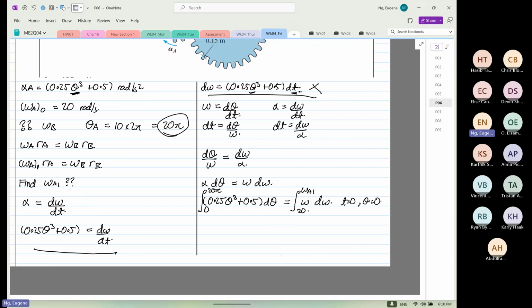This is in terms of dt, this is in terms of theta, something is wrong. Take another approach. From there, you can solve this straightforward. Do you all see the solution? The solution path, how you approach it, is more important than anything else.